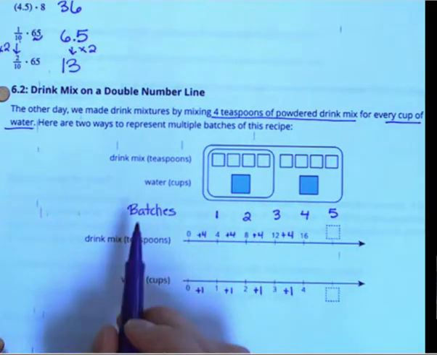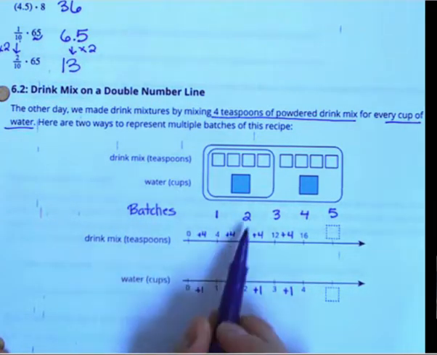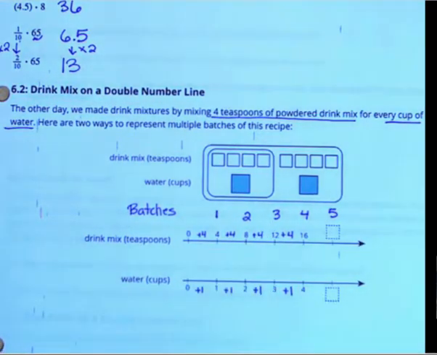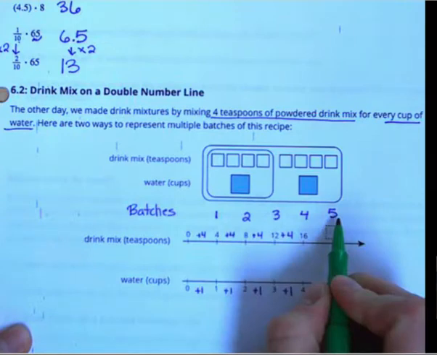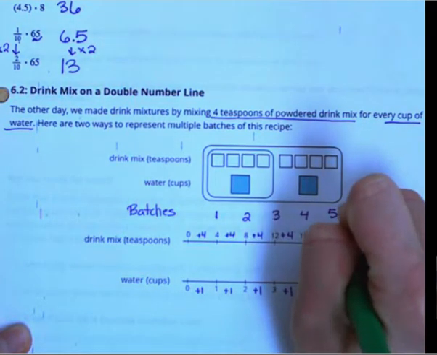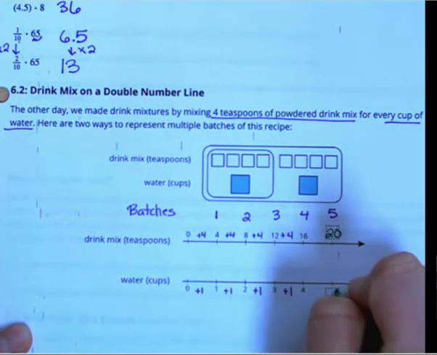I like to do it by number of batches and how much ingredients would then be in my batch, but you can do it with the addition way as well. So our first question asks us to fill in our empty spot. So what would come next in our number line if we continued our pattern? 4 times 5 would be 20, and in 5 batches we would have 5 cups of water.